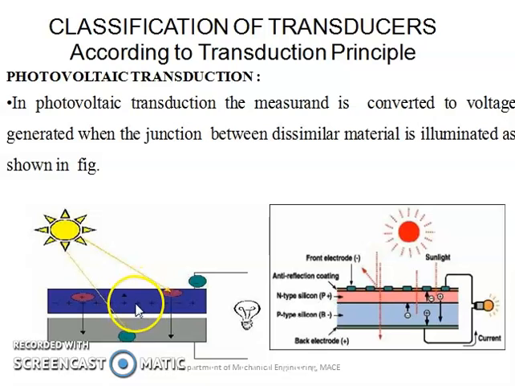As you know the photovoltaic principle, this is a junction made by two dissimilar materials. When you expose this to light, a change in EMF is produced, and that can be measured.